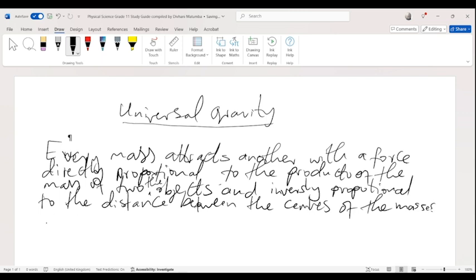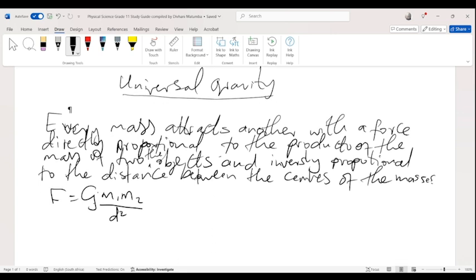Okay, he also came up with a formula. As you can see, that formula explains everything about the universal gravity law, and G is called the gravitational constant and is given by 6.67 times 10 to the power minus 11 newtons meter square kg to the power minus 1.